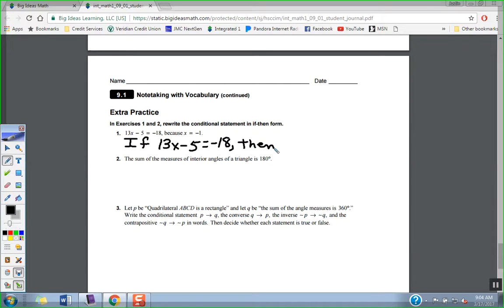If 13x minus 5 equals -18, then x equals -1. What's the hypothesis to this statement? 13x minus 5 equals -18. What's the conclusion? Hypothesis comes right after if, conclusion comes right after then.